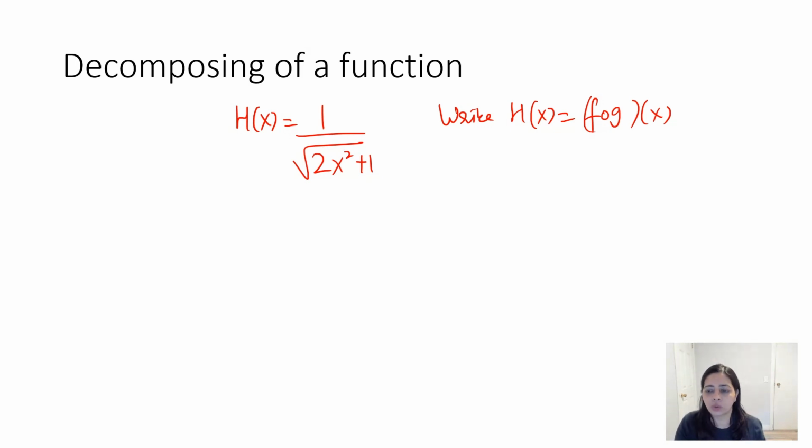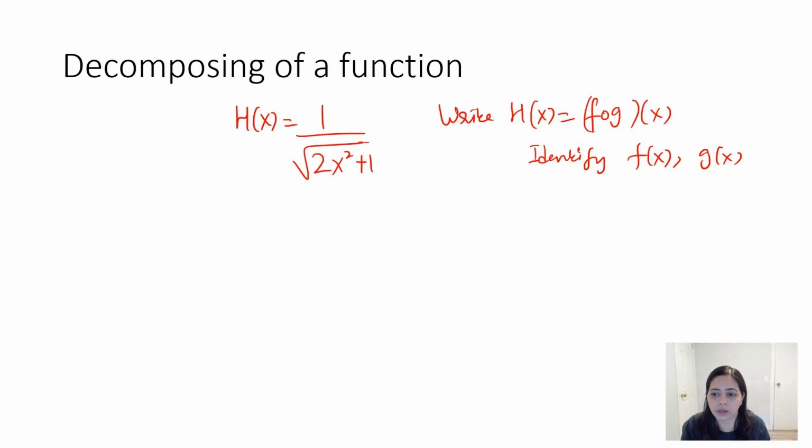In other words, identify the outer function and identify the inner function. This is the reverse of what we were doing. Earlier we were given f and g and composed them to create a new function. Now we are given the function in the combined form, and we have to break it down into two individual functions.